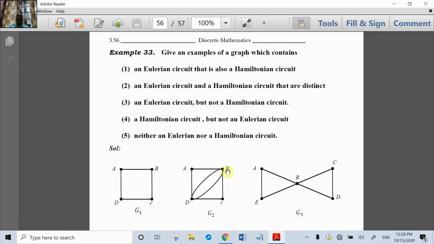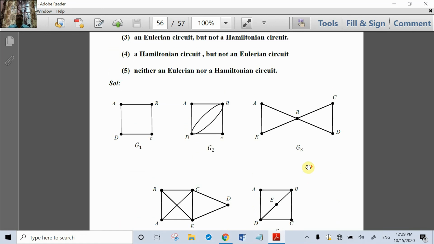Eulerian but not Hamiltonian: here it is Eulerian because 1, 2, 3, 4, 5, 6, all edges are covered. This is Eulerian, but not Hamiltonian, because B occurs twice.